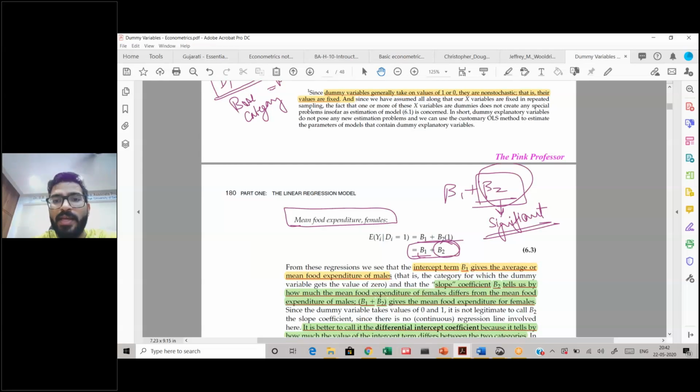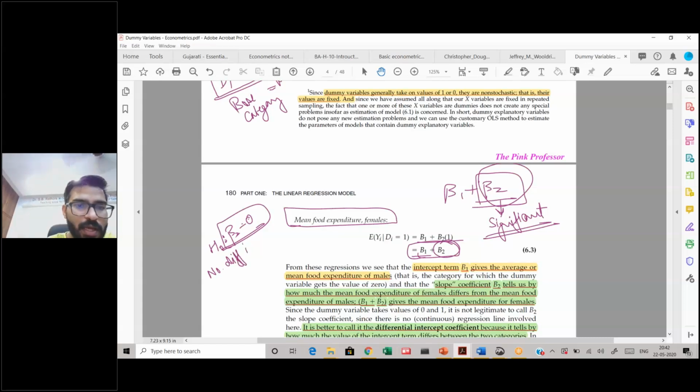The way that we do our normal hypothesis testing, we will have our null hypothesis as beta 2 is equal to 0, which essentially means that there is no difference in mean expenditure of females versus males.